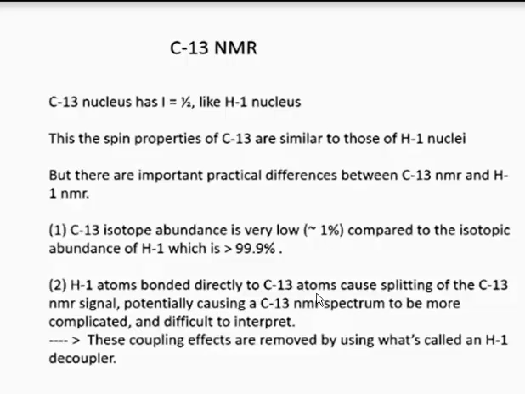Now remember that each proton has an I of 1/2, and that means protons that are bonded directly to a C13 atom are going to cause spin-spin splitting of the carbon-13 NMR signal. As a result, the C13 NMR can become very complicated and more difficult to interpret.